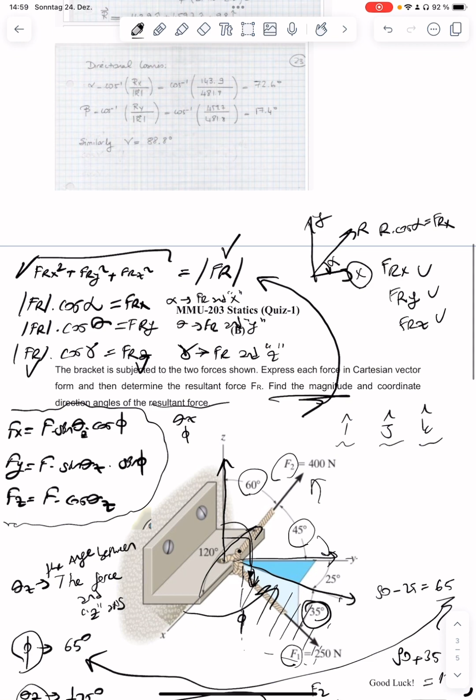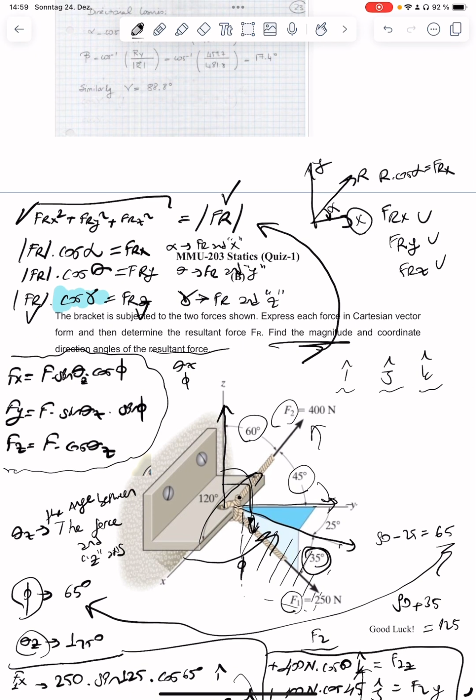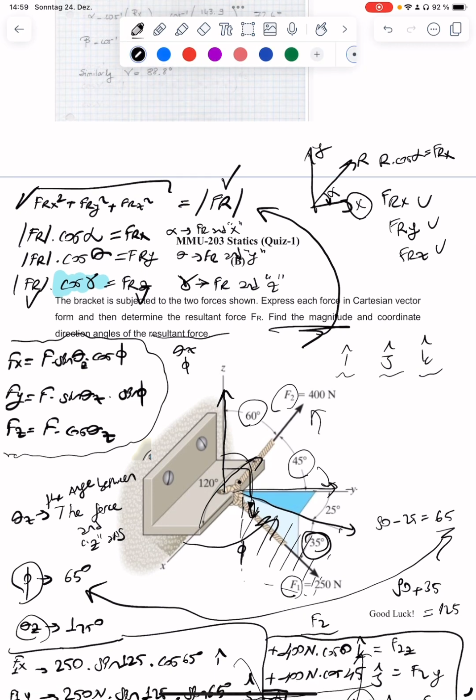So we found the resultant force, and we found Frz from here. There's one equation with one unknown, cosine gamma, so we can find this and this and this. So we know alpha, theta, and gamma.